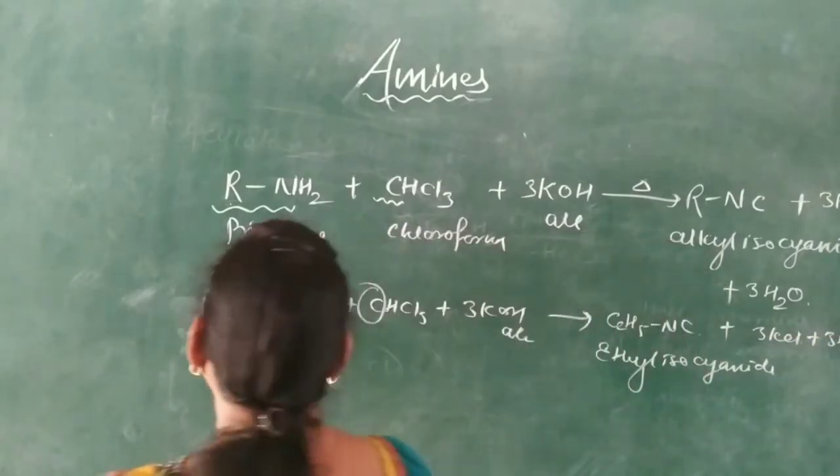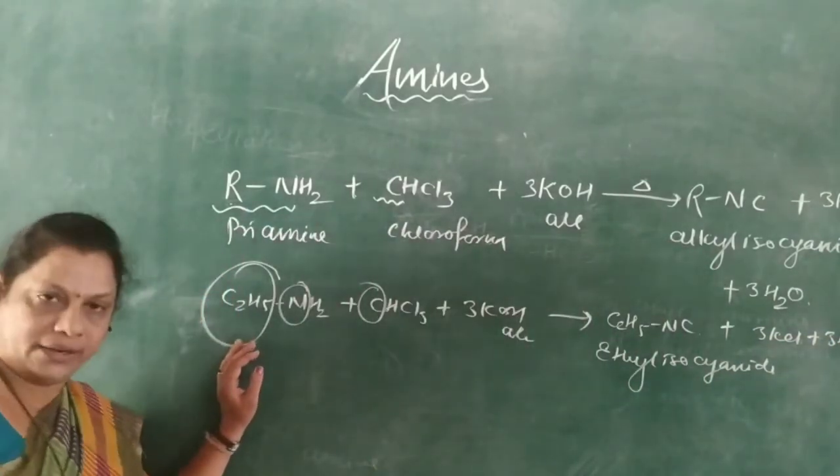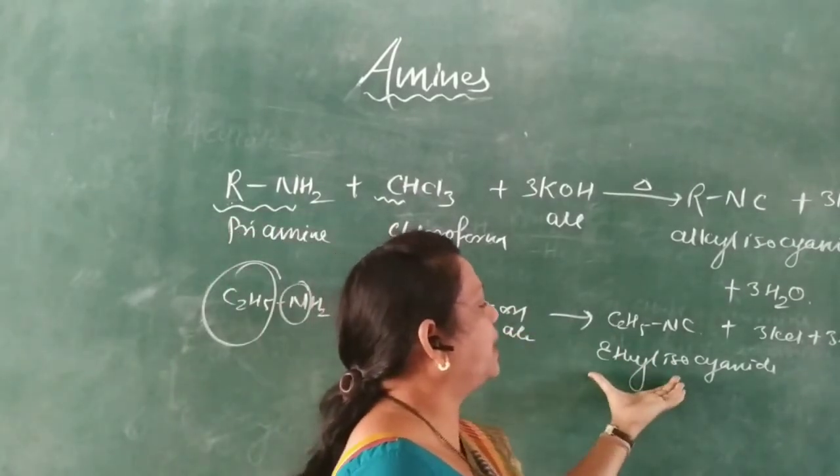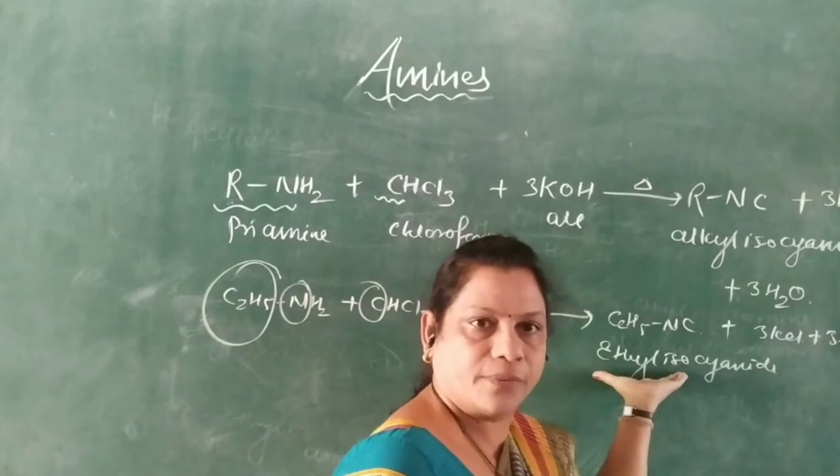A similar reaction is carried out with aniline. When aniline reacts with chloroform and alcoholic KOH, it forms phenyl isocyanide. Okay.